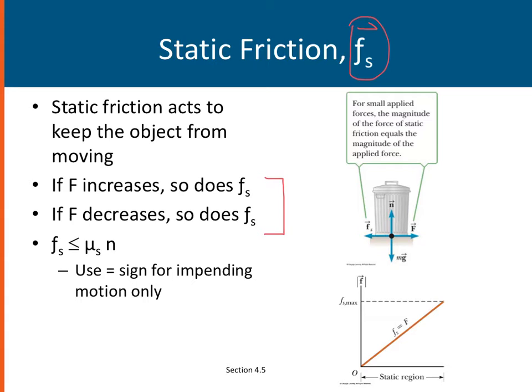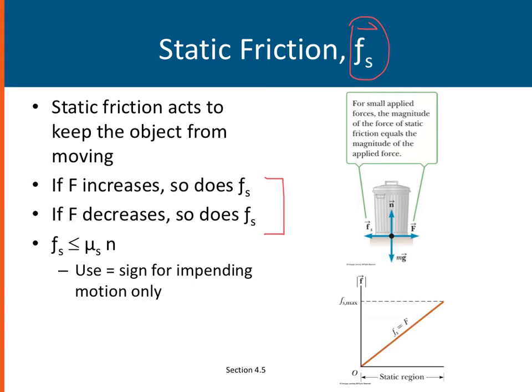And as the force that we push decreases, static friction also decreases. So it is a variable force. It changes with the force applied, all to keep the object in equilibrium, because that's what static friction is trying to achieve. It's trying to inhibit motion.